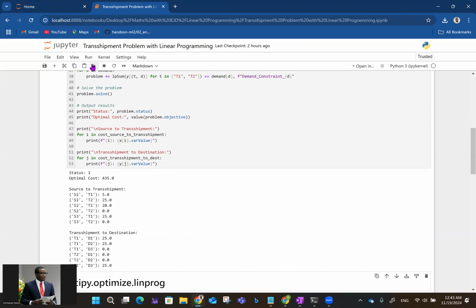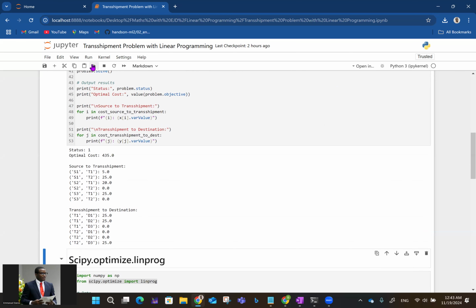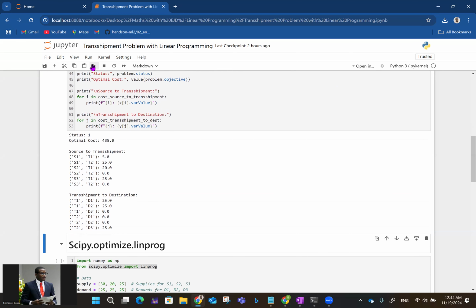And then we have the optimal transportation cost Z, which is $435 here. And then we see that X11 is 5, X12 is 25, X21 is 20, X22 is 0, X31 is 25, and X32 is 0.